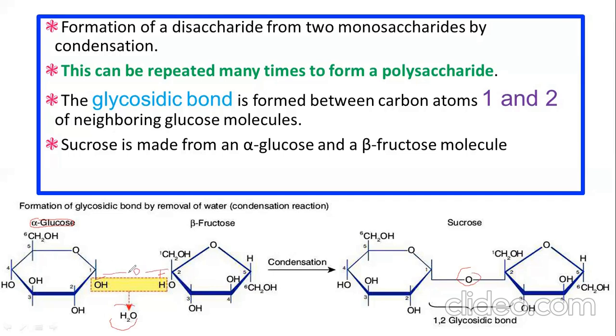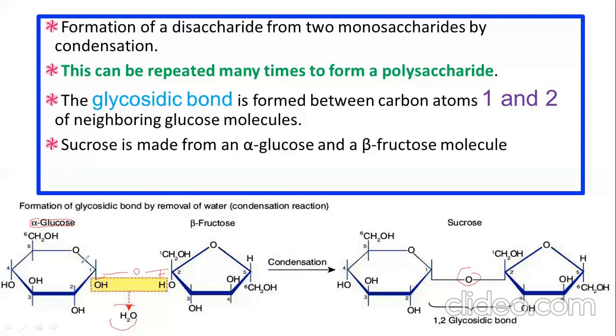So this oxygen bridge is actually what? Glycosidic linkage. The bond between monosaccharides of a carbohydrate is called glycosidic linkage, in which two monosaccharides are joined with each other.